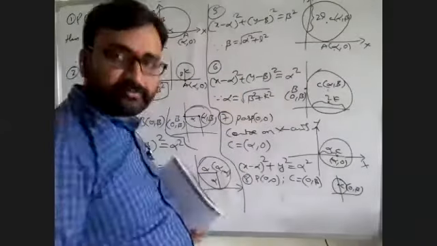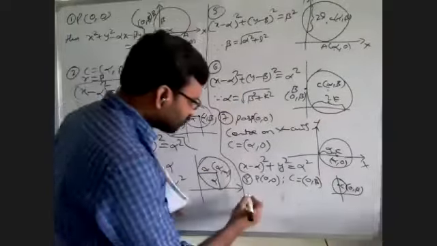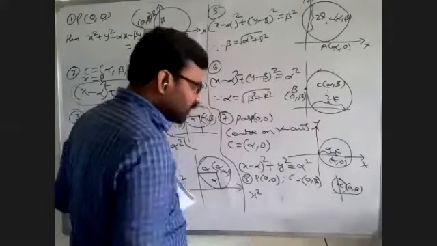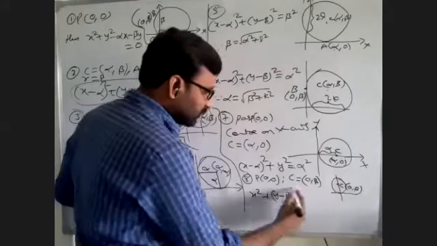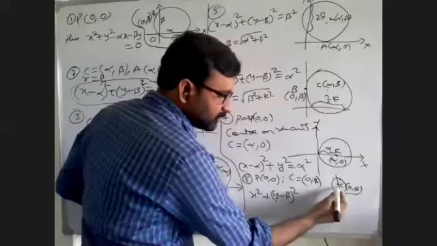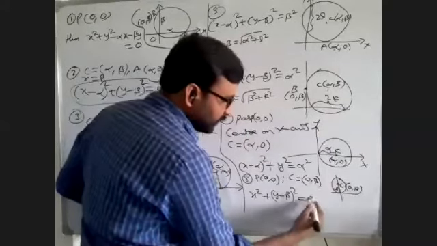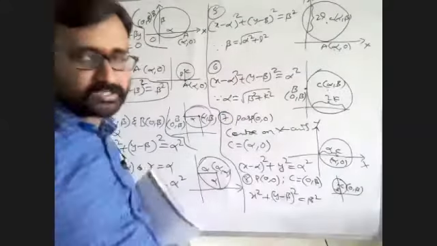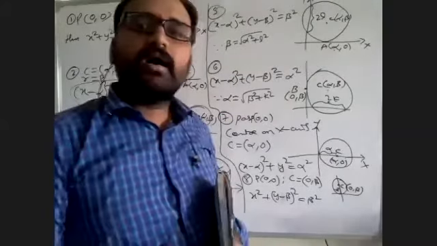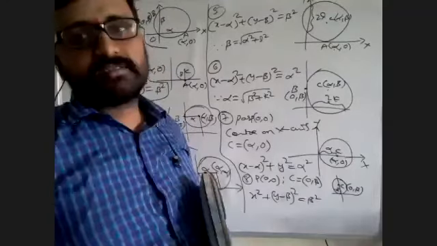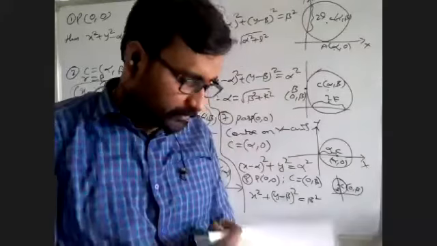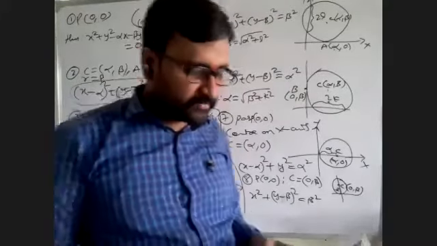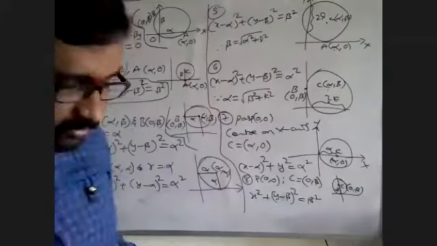Then the circle equation is what? x minus alpha is x minus 0, so x square plus (y minus beta) whole square. And this is only the radius, right? That is nothing but beta square. This is the equation of the circle passing through 0 comma 0 and having the center on the x-axis or on the y-axis. So these are the different types of circles.